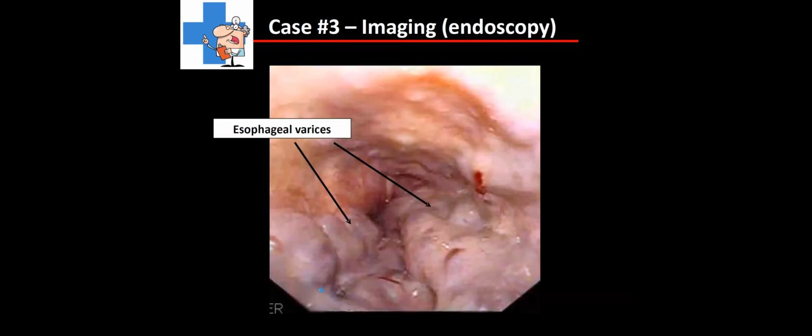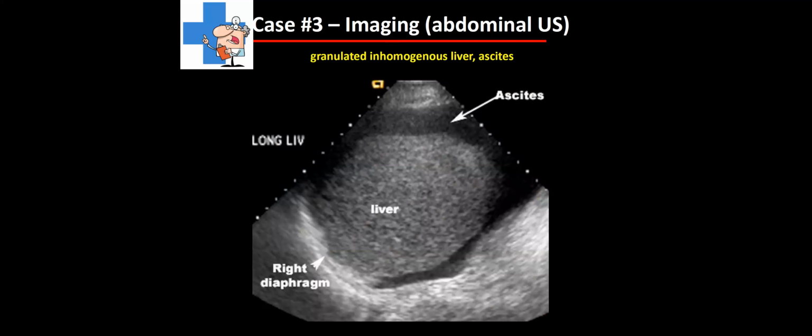Look at these, very highly dilated vessels seen by endoscopy. Looking at the ultrasound of the liver, you can see cirrhosis with ascites, a cirrhotic liver. The granulated, inhomogeneous liver and ascites, you can see right here.